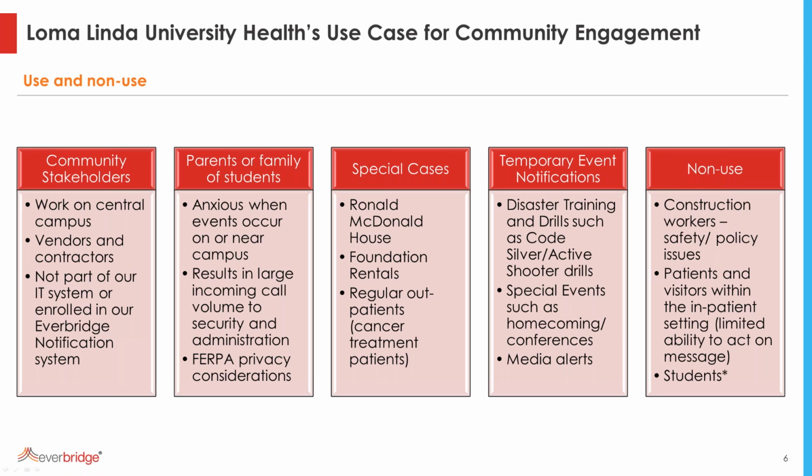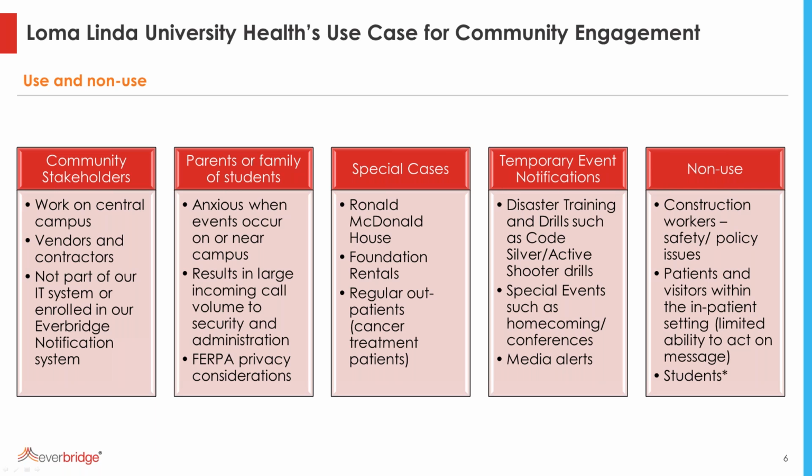Another unique group that we are targeting with our community engagement tool is the parents or family of students. During previous disasters or emergencies, we found that a lot of the parents are very anxious about what's happening on or near our campus. One example is the December 2, 2015 terrorist attack in San Bernardino, which occurred approximately 1 to 1.5 miles away from our main campus.